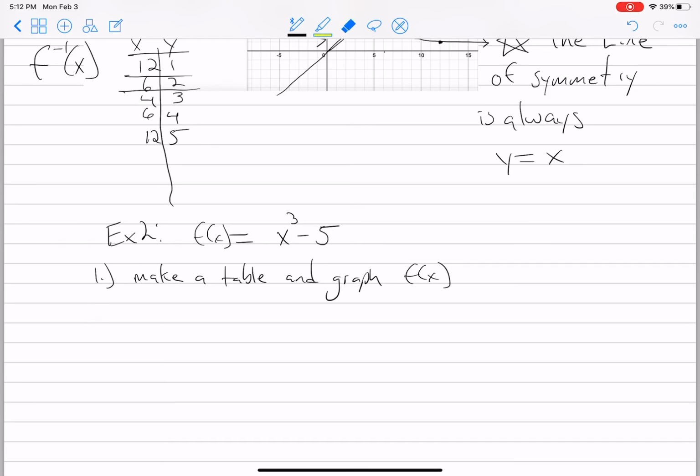The second thing I want you to do is make a table for and graph the inverse of f of x. You're going to do this in your notebook. These two are your homework. All right, guys, that's it.